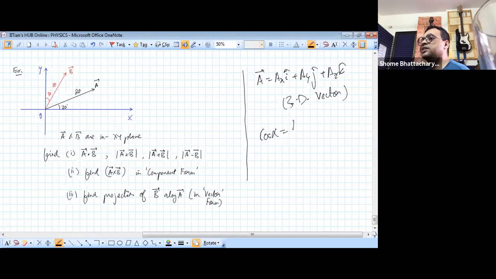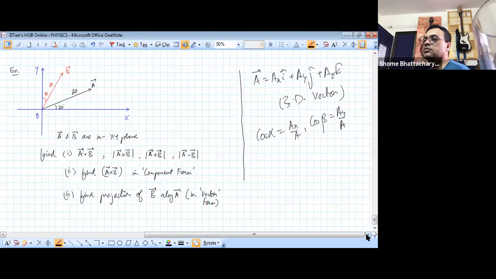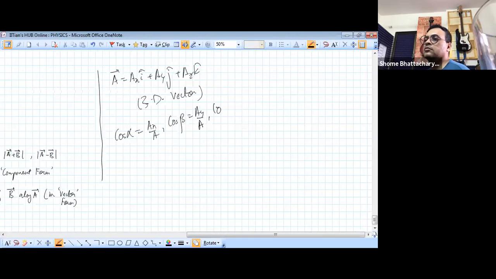Cos alpha is Ax upon mod A, cos beta is Ay upon mod A, and cos gamma is Az upon mod A. These are called the direction cosines.